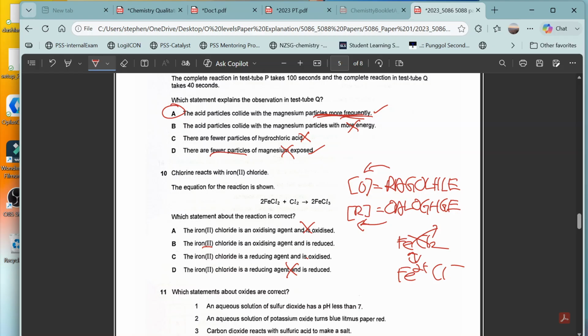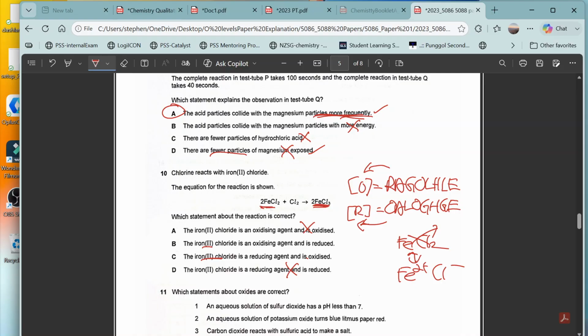Okay, so they are talking about this thing here. So is it an oxidizing agent or is it a reducing agent? Because if it's a reducing agent, then it's oxidized, which is correct. If iron 2 is oxidizing, then it's reduced. This is also correct. Okay, so let's see. So you see FeCl2, and what is the product?